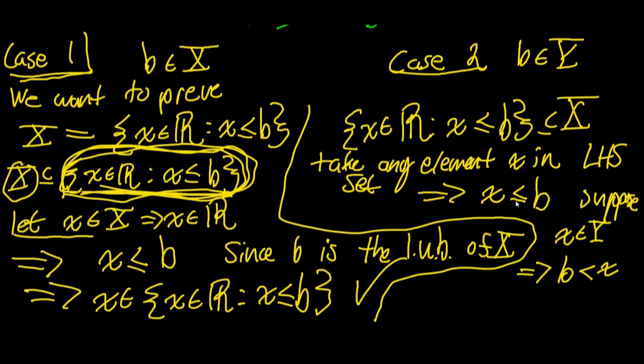But I just said that x is less than or equal to b. So this is a contradiction. It must be that x is in X. So we've proved that they're subsets of each other, so therefore we've proven that they're equal to each other.